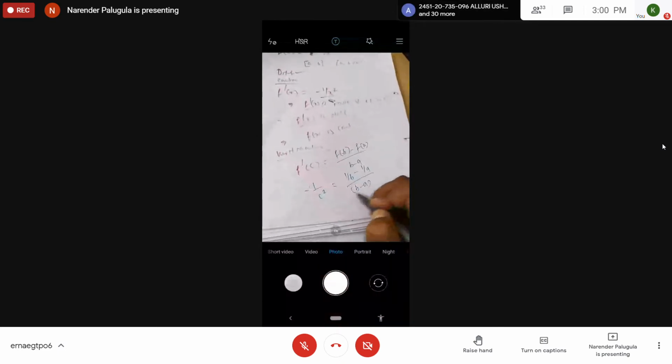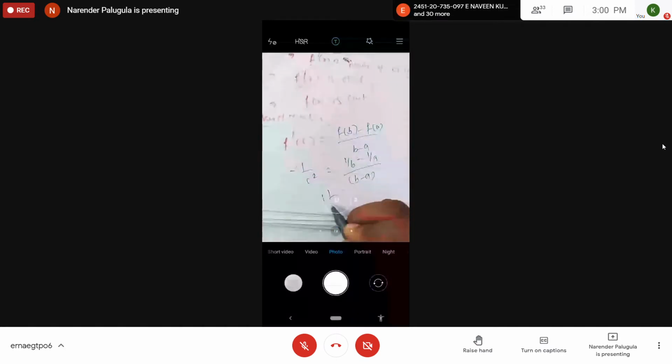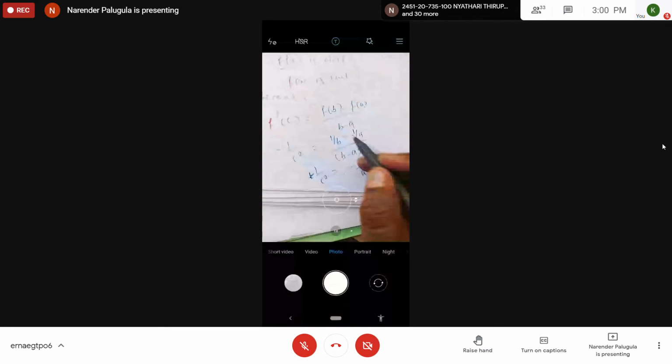Now simplify the numerator. What we get: minus 1 by c square is equal to, in the numerator, 1 by b minus 1 by a, which is minus 1 by ab times b minus a. Finally a minus b comes. a minus b by b minus a is minus 1. So minus 1 by ab.